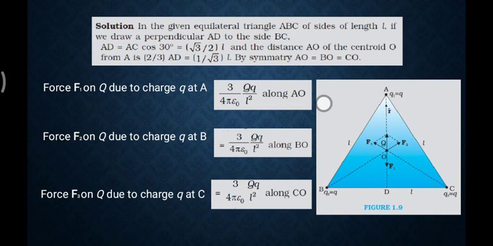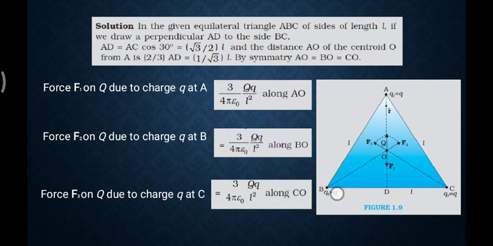Here your r is AO, which is 1/√3 times L. That goes in the denominator. q1 is small q and q2 is capital Q. So F = 1/(4πε0) q Q over (1/√3 L) squared, which is 3 up and L squared remains.